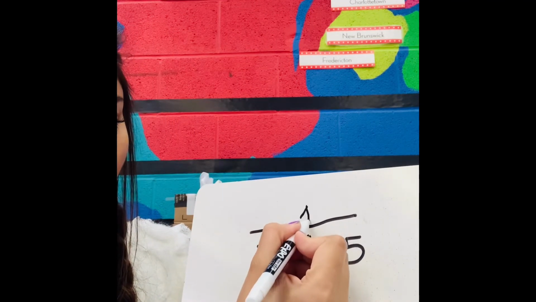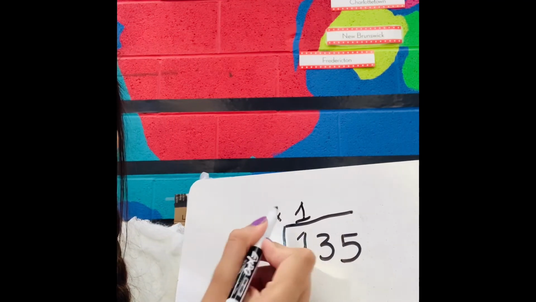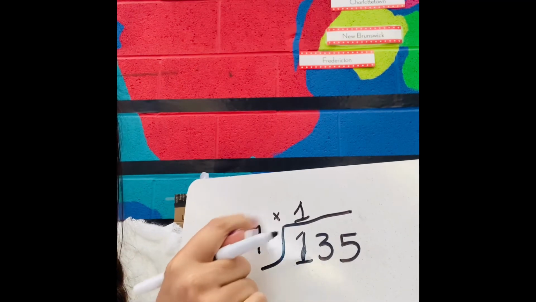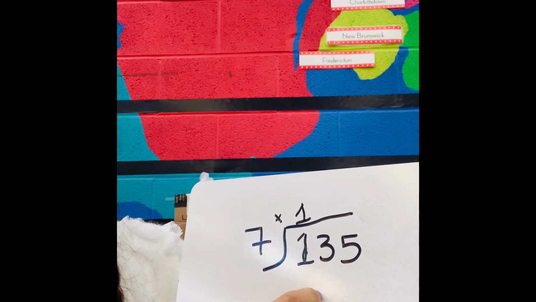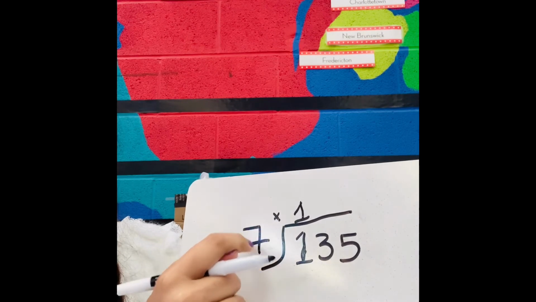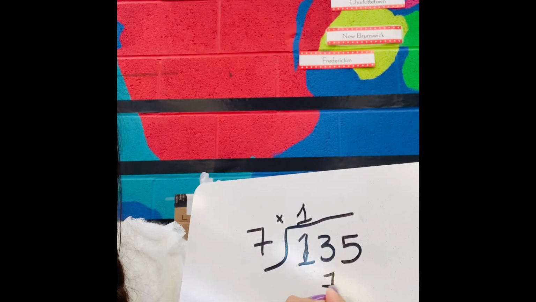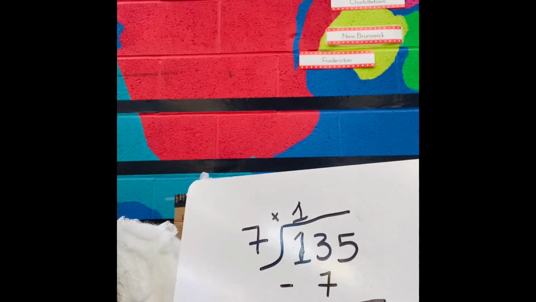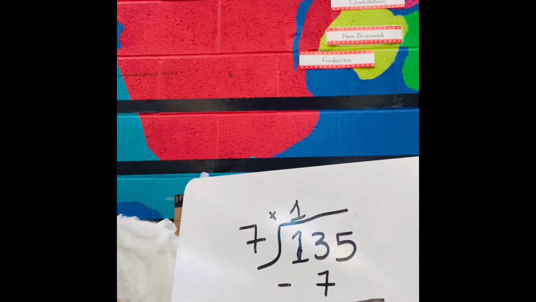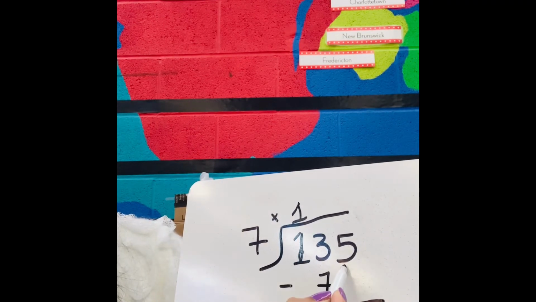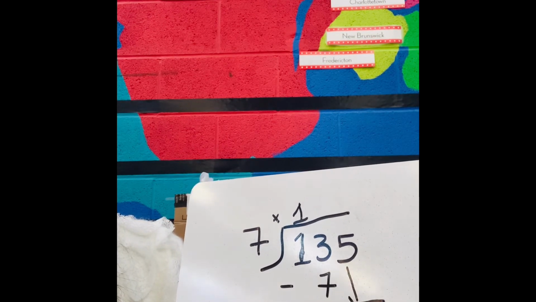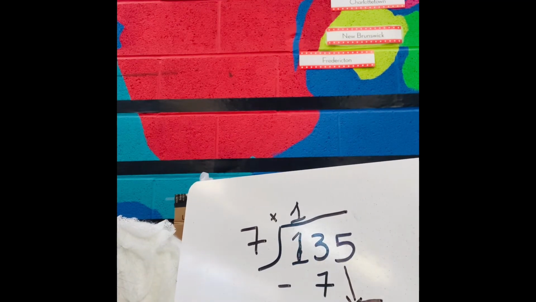So I put 1 at the top. Then I need to remember that I need to multiply these two numbers to get a number here. So 1 times 7 gives me 7. Then I go ahead and subtract it. So 13 take away 7 gives me 6. Then I need to bring this number down. Now it becomes a 65.